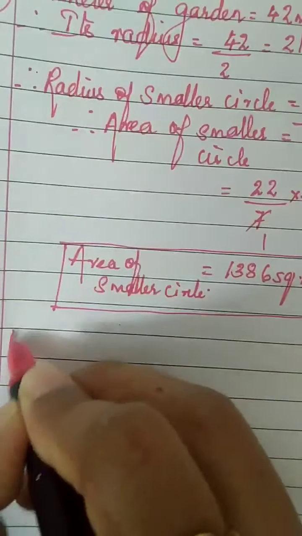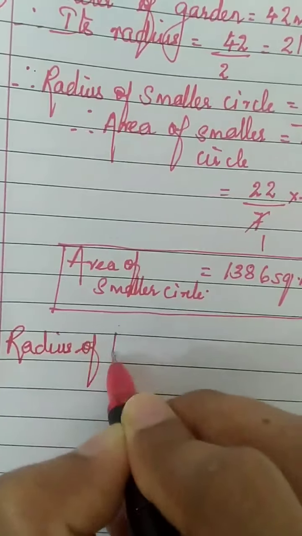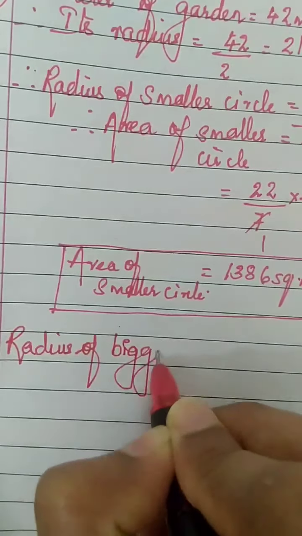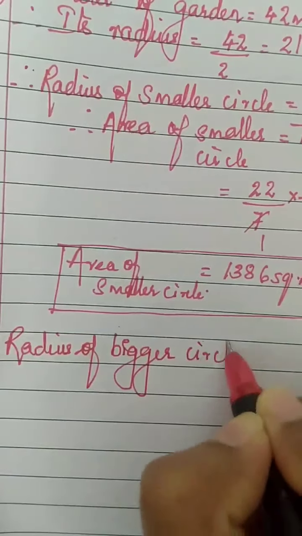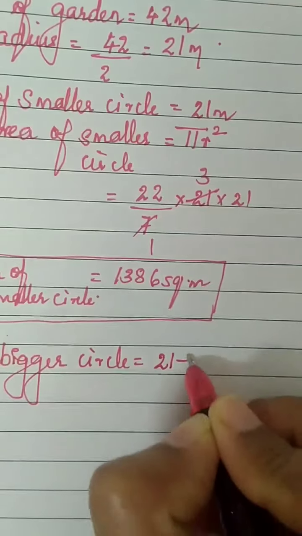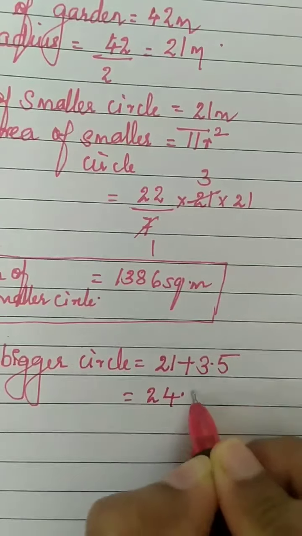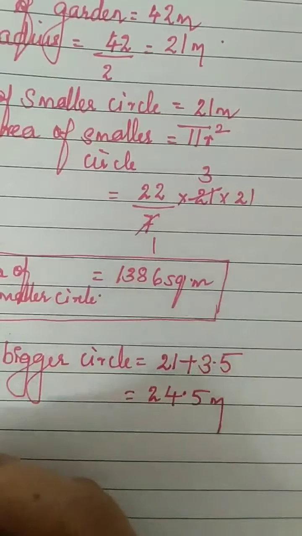So we will write radius of bigger circle is equal to 21 plus 3.5, which is equal to 24.5 meter.